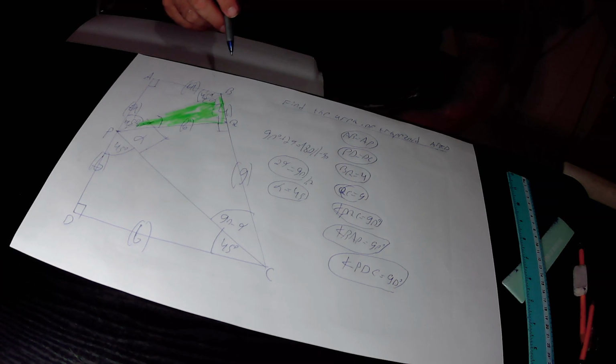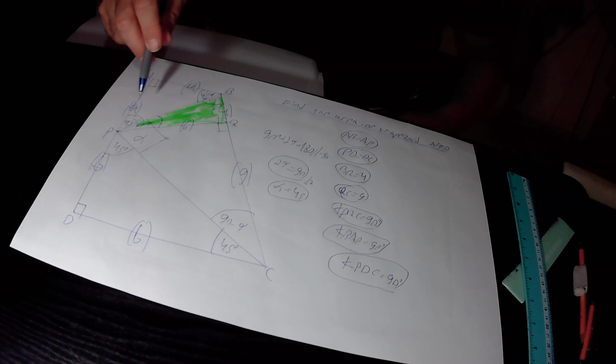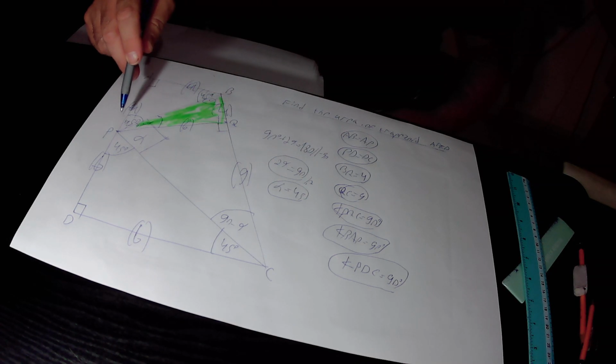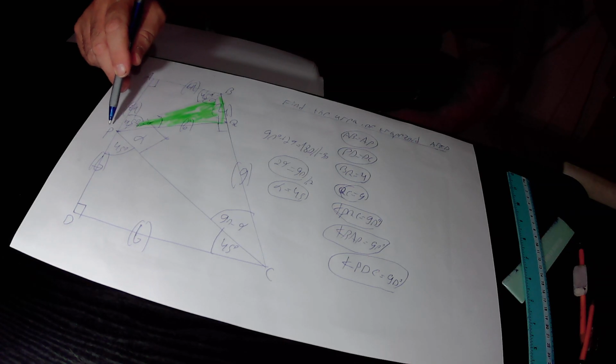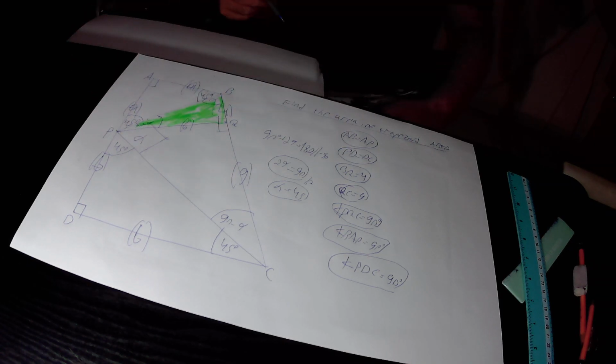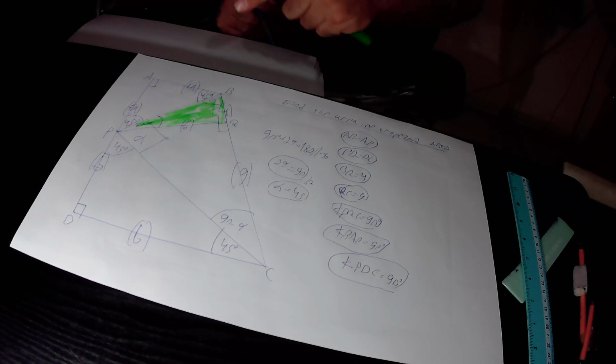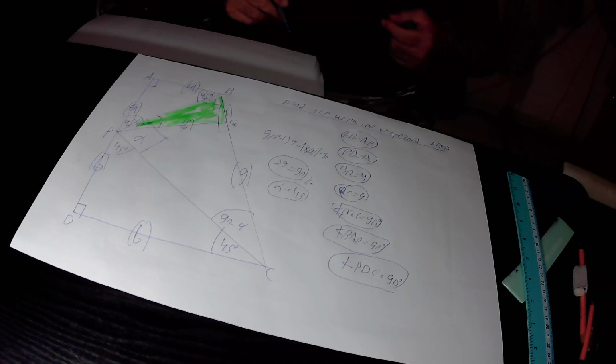The first component is the right triangle ABP, the second component is the big right triangle PBC, and the third component is this right triangle PDC. The area of trapezoid ABCD must be equal to the sum of the areas of the 3 components that it consists of.